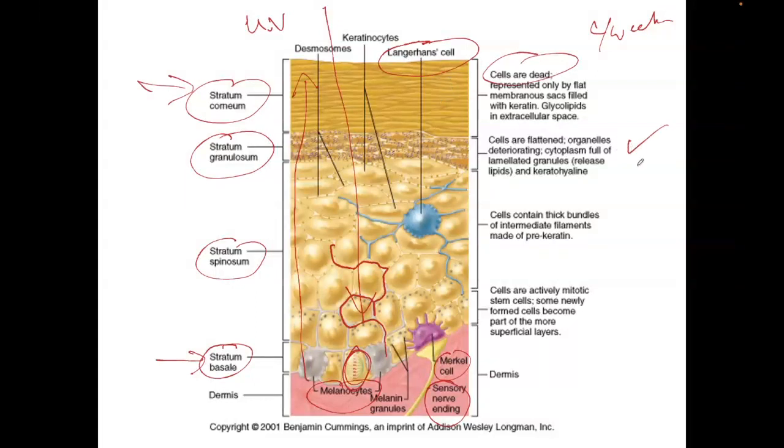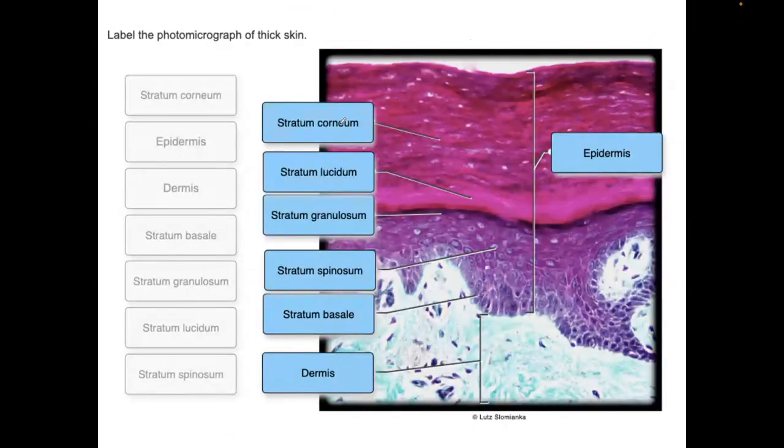Okay, so it tells you off to the side the functions of the different layers. Below the epidermis, that's what we have, the dermis. And below the basal layer, right, all this stuff up here, that's the epidermis.